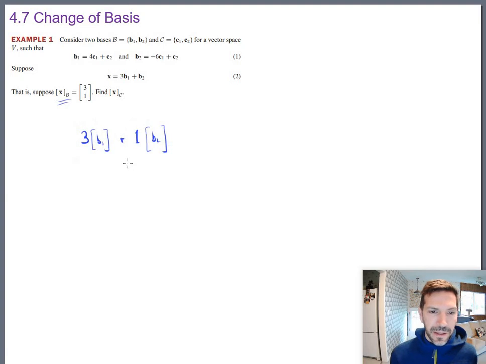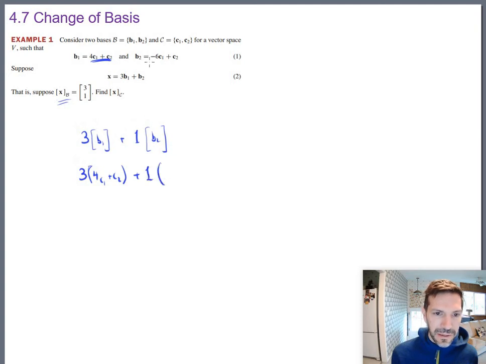And if we want to rewrite that in C coordinates, let's just start by saying I know that B1 can be replaced by some C stuff. So wherever I have that B1 written, I should be able to replace that with 4 times C1 plus C2.